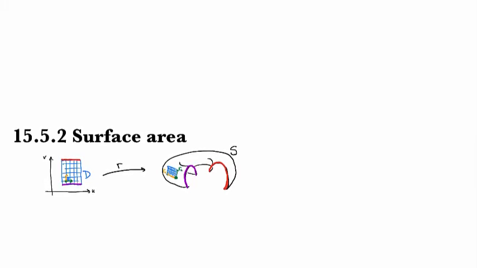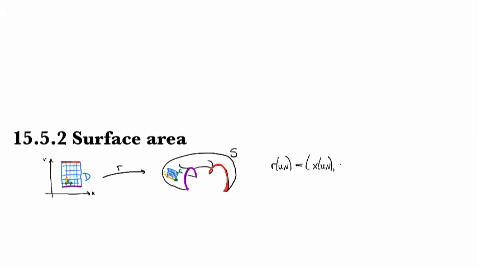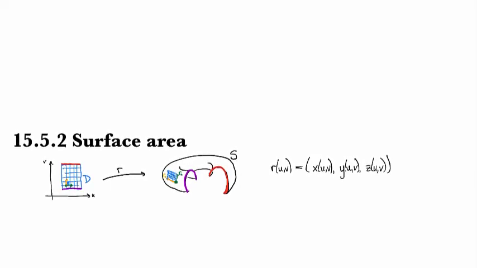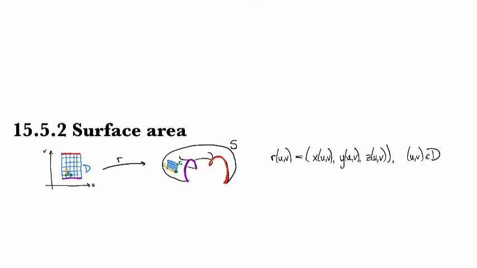And so here we've got that R of u and v has several coordinates: an x coordinate, a y coordinate, and a z coordinate, right? And this is for (u, v) in D, our parameter domain, that little blue rectangle there.